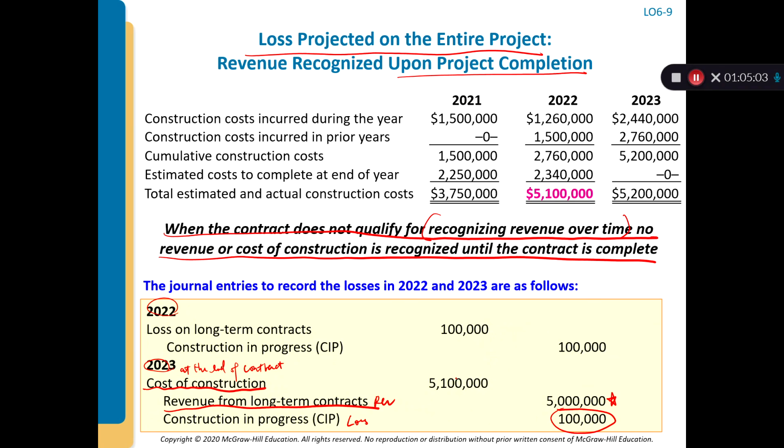You're adding these two together on the debit side, right? So this is costs. But in year 2, don't forget that you have to update this loss of 100,000 timely. So therefore, in your construction in progress, this loss is recognized in year-end 2 as well, credit 100,000, and you're debiting the loss account for 100,000. Okay.